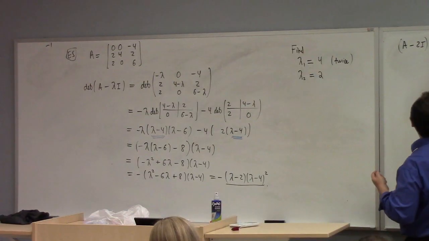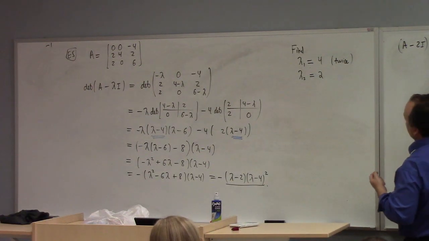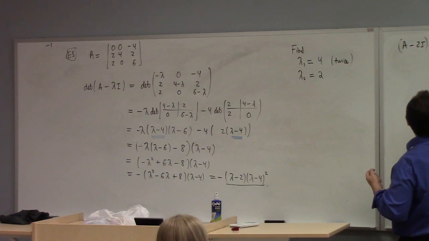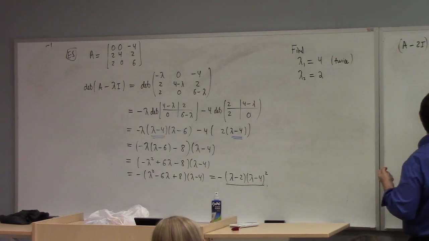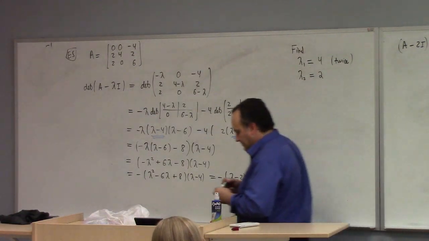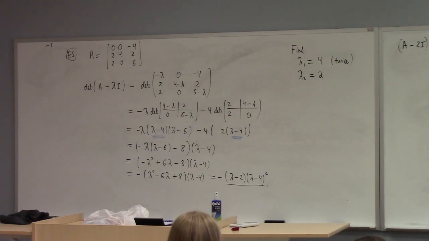So that's what? Minus 2, 0, minus 4, 2, 2, 2, 2, 0, 4, times U, V, W.